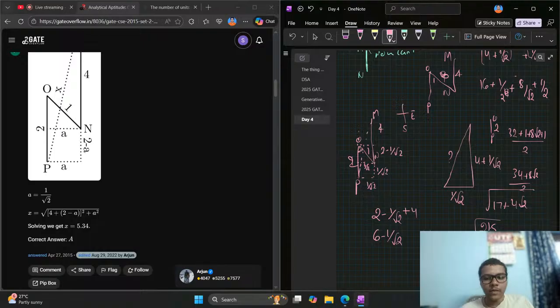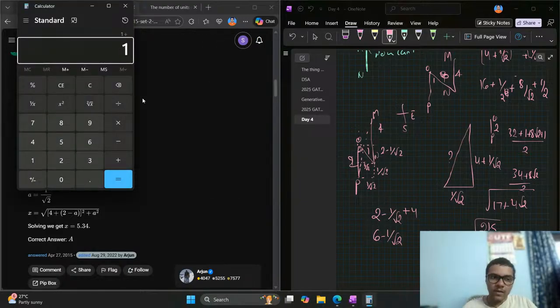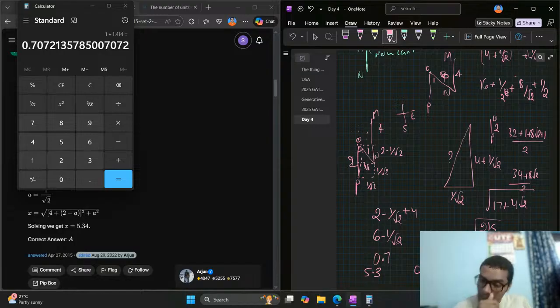And 1 by root 2 is another length. 1 by 1.414 is 0.7. 6 minus 0.7, that is 5.3 and 0.7. 5.3 whole square, 0.7 whole square is equal to x square.